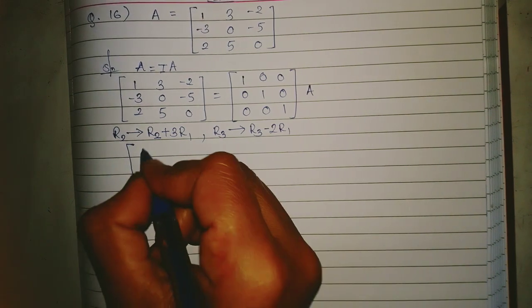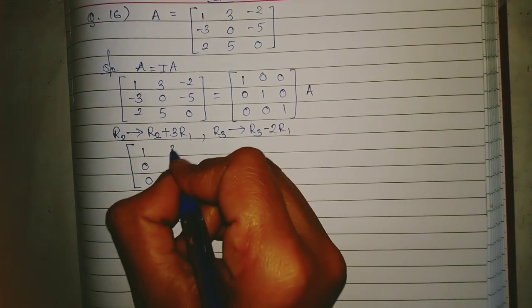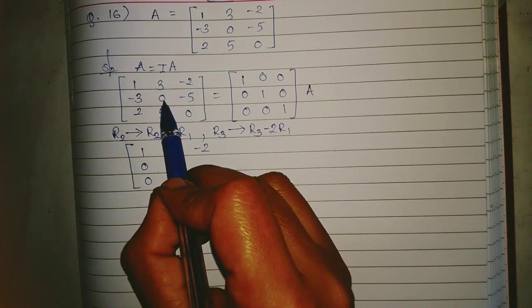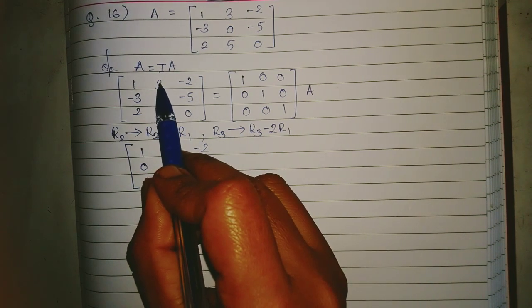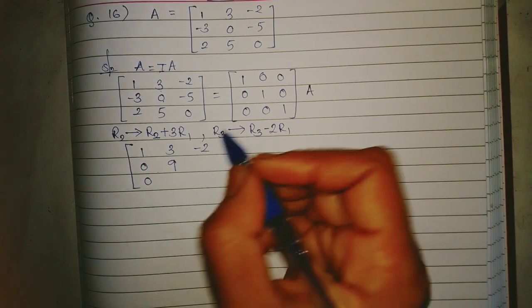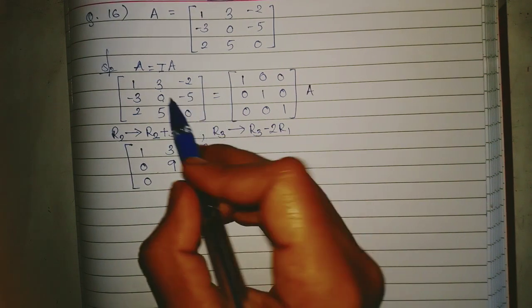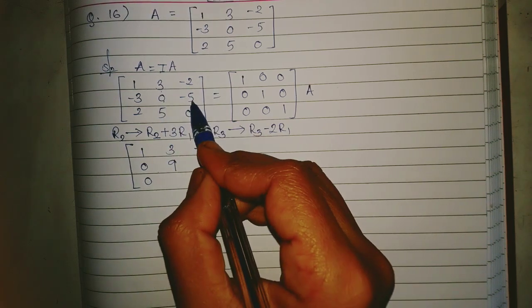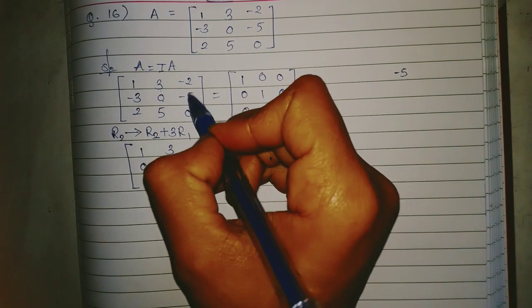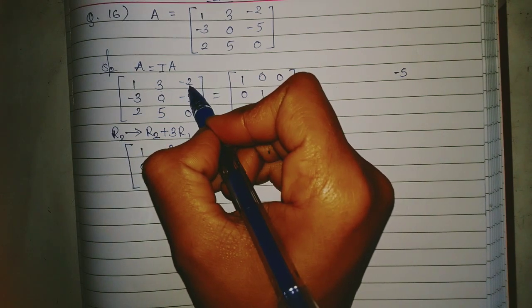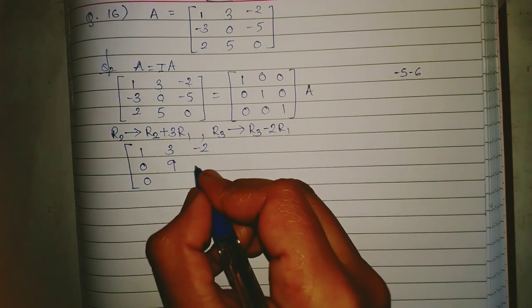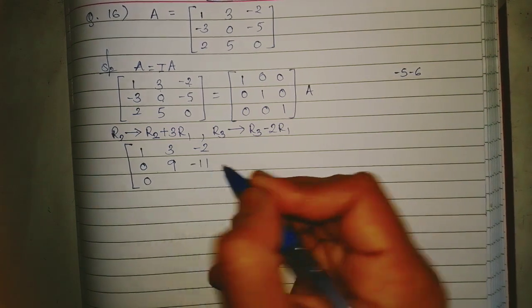So we'll get 1 0 0, 0 plus 3R1, so 9, minus 5 plus 3 into 2 minus 6, so this becomes 11.